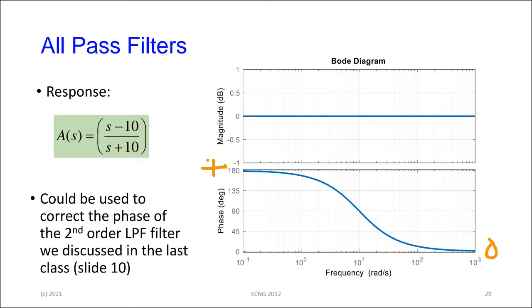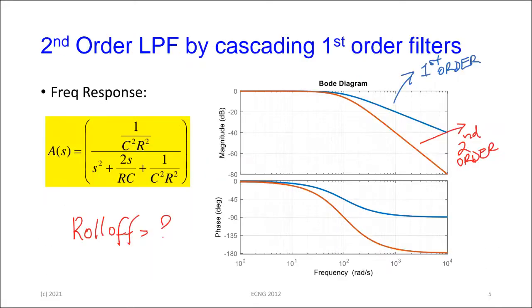And if you go back to one of the filters that we had before, that we did early on in the class, on slide 10 from the previous lecture, look at this response for the second order low pass filter that we just made.